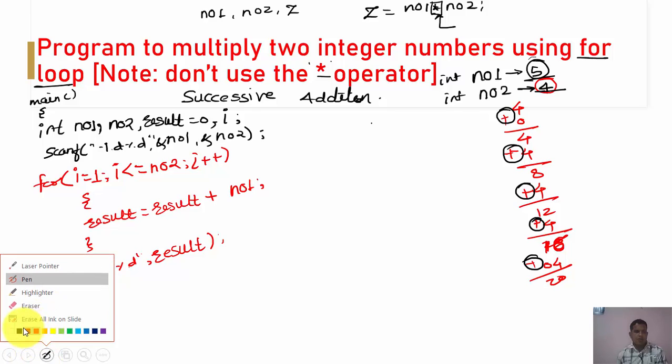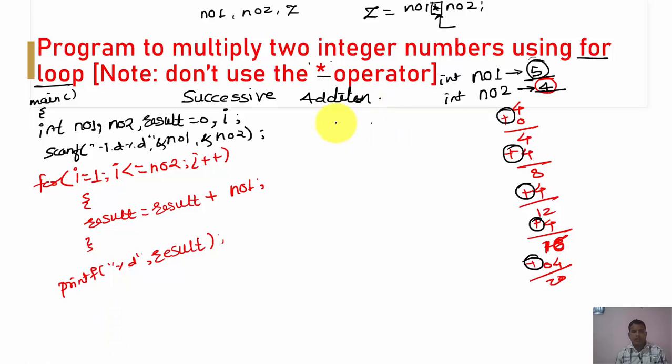Just wait, let me select the pen. Number 1 is say 5 and number 2 is say 4. Now initially, in the first iteration, the value of I is 1. Now, is this 1 less than 4? Yes, so it goes inside this loop.